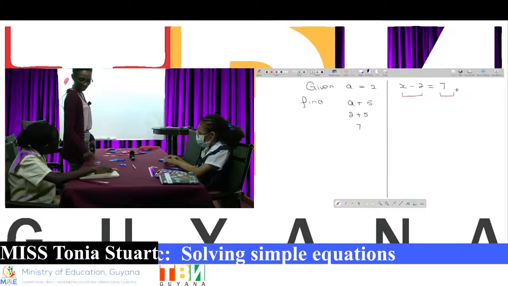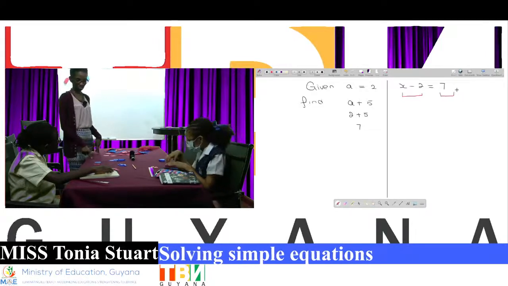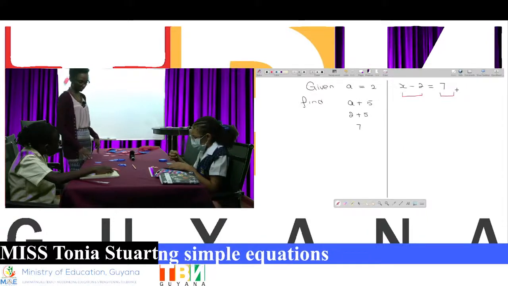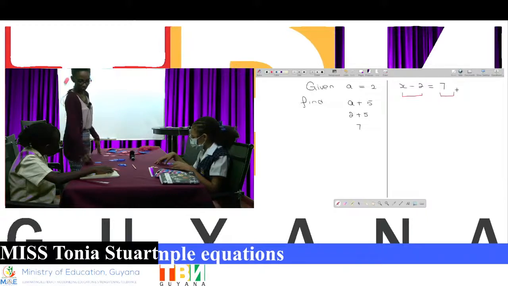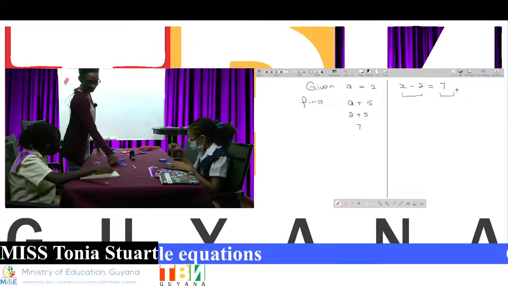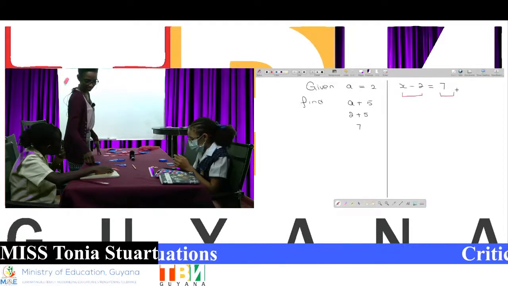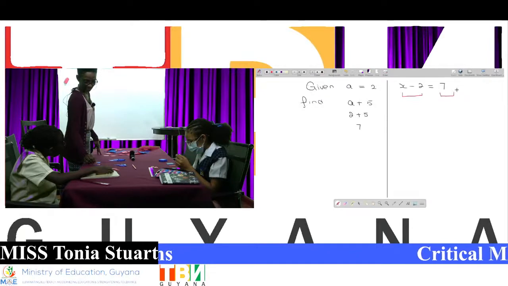So how would I cancel out these two tiles? What do I have to add to these 2 tiles to make them 0? Remember, these are 2 negatives, right? So it means I'm going to add 2 positive tiles, right? So this is going to be a 0. And this is going to be a 0.